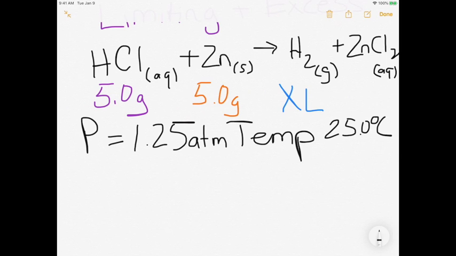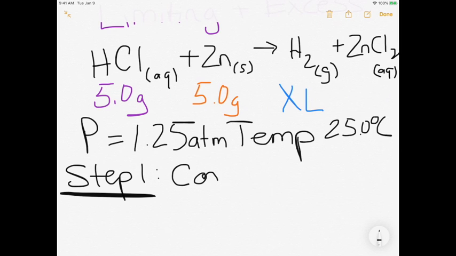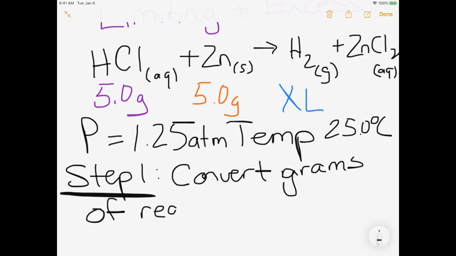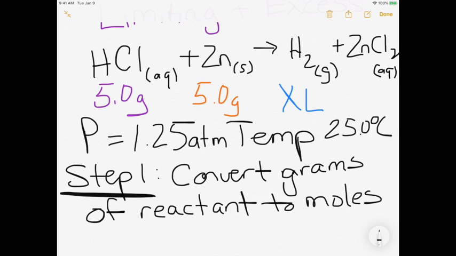All right, so the first thing that we need to do is what we traditionally do, and that is step 1. We're going to convert grams of each reactant to moles of each reactant.